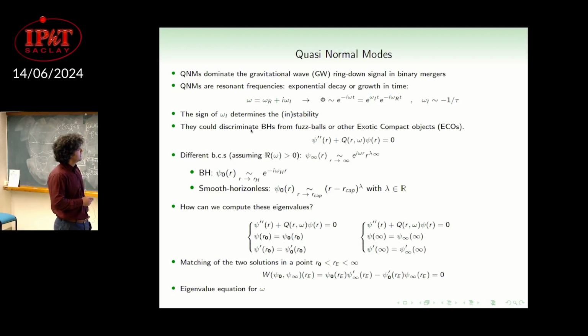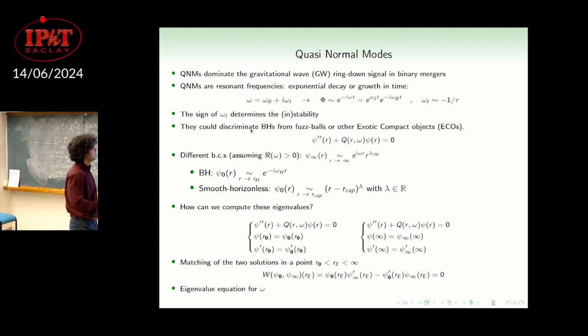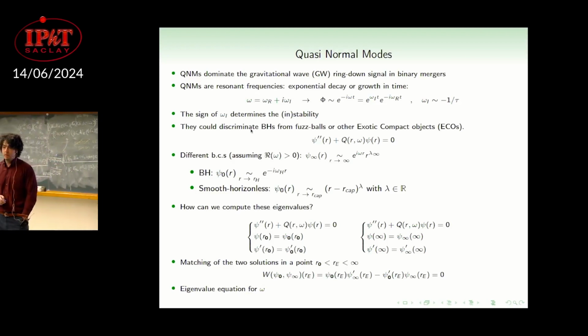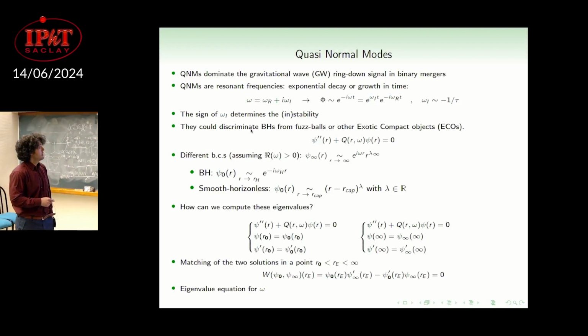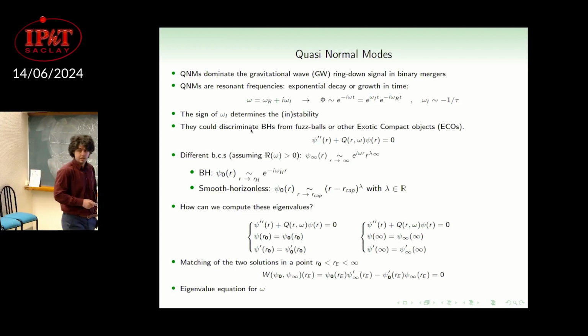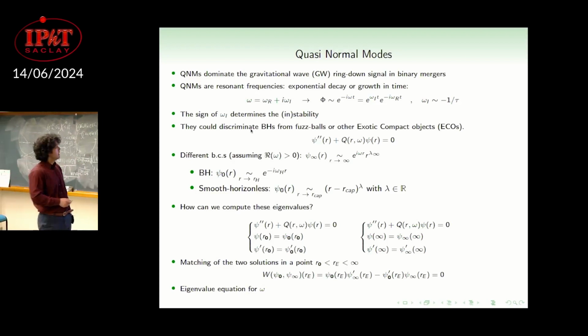If the imaginary part is positive, you have an exponential growth in time, and I will refer to this case as a classical instability, but I will be more precise on this aspect. Otherwise, if it is negative, you have an exponential decay in time, and I will refer to this case as a stable solution at the linearized level, obviously.